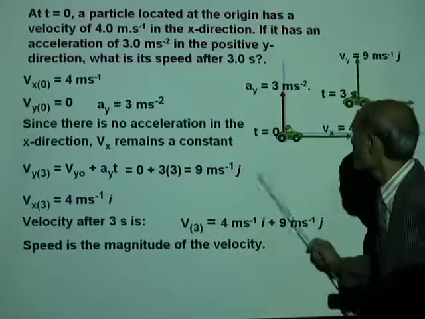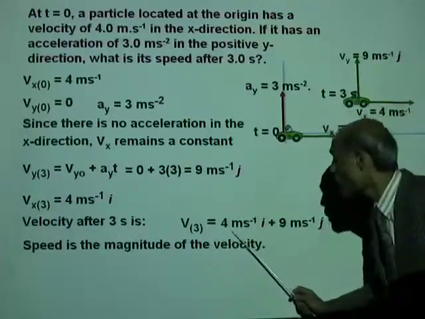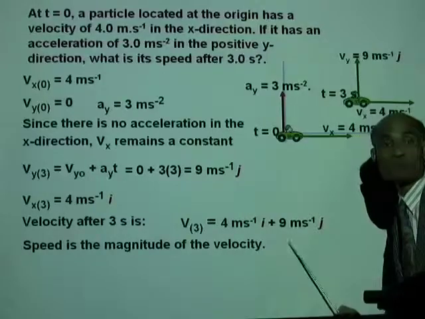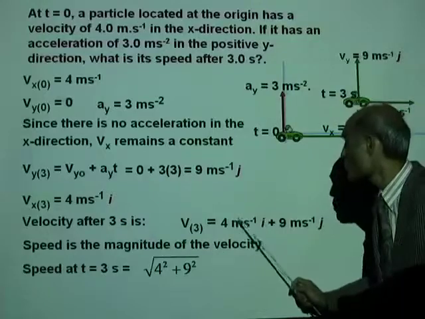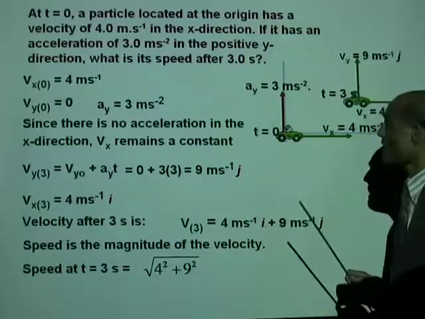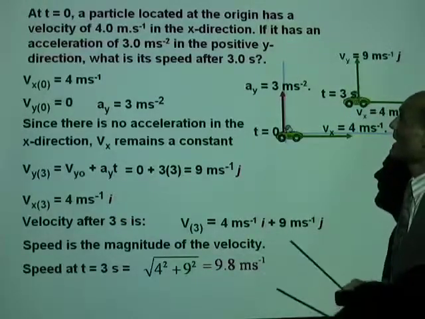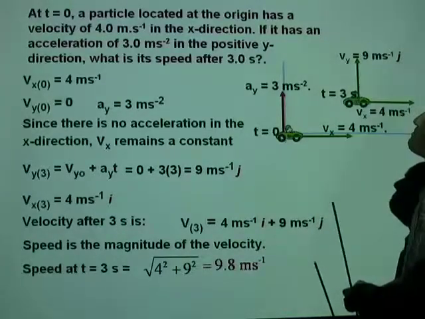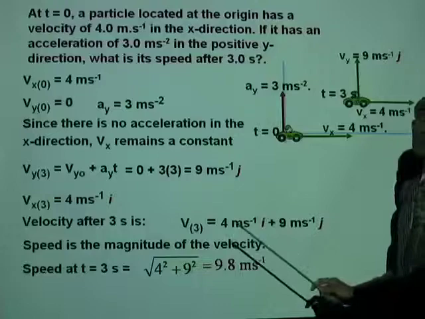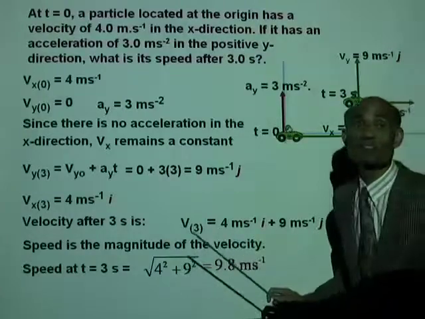The speed of the object is the magnitude of this velocity. What is the magnitude of this velocity? The magnitude is the square root of x squared plus y squared, and that is 9.8 meters per second. Is that right?